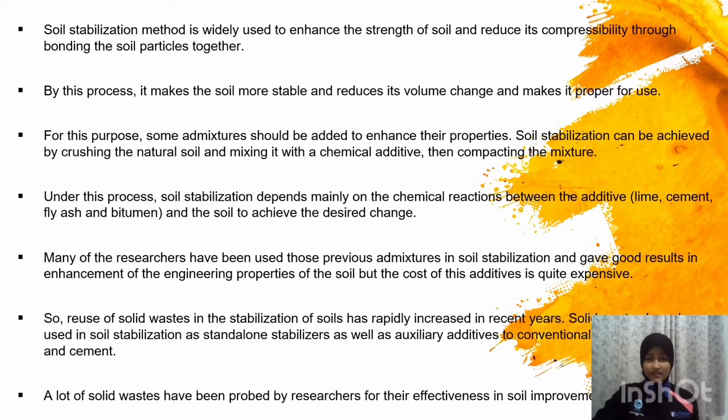Soil stabilization can be achieved by crushing the natural soil and mixing it with a chemical additive, then compacting the mixture. Under this process, soil stabilization depends mainly on the chemical reaction between the additive, which is lime or cement or fly ash or bitumen, and the soil itself to achieve the desired change.